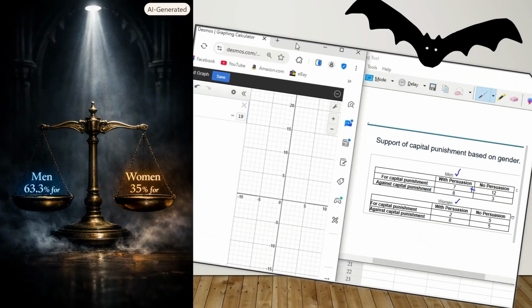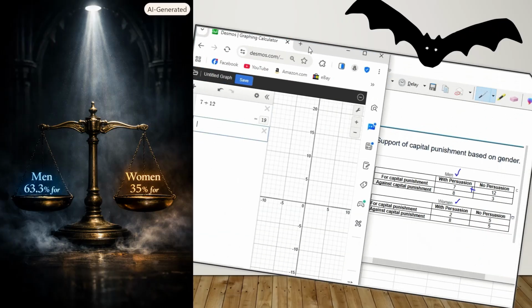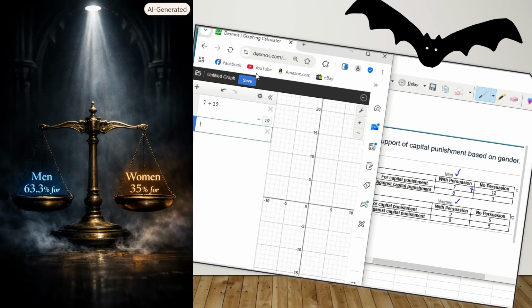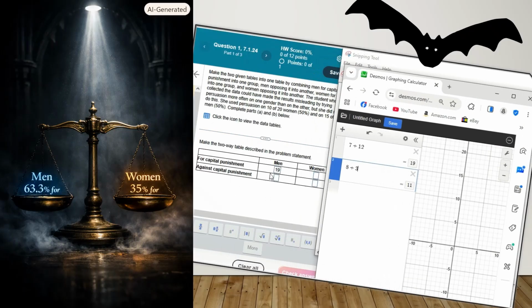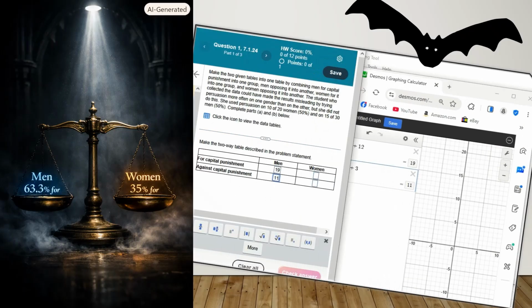And then we want to do the same thing, add up all the men who are against capital punishment. As you can see, that would be 8 plus 3 right here, and that would go in this column right here.